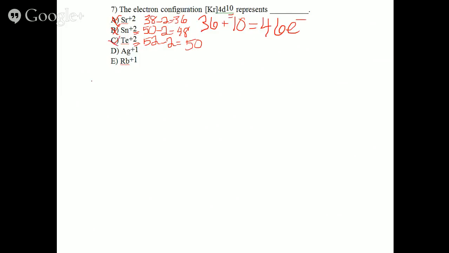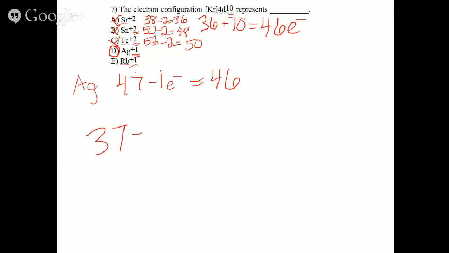Can't be C. Ag, I'm running out of room, normally has 47. It became positive 1 by losing 1 electron, so it has 46. Hey, isn't that what we wanted? Awesome, but let's check Rb. Rb normally has 37. It became positive 1 by losing 1 electron, so it has 36. So not what we want.